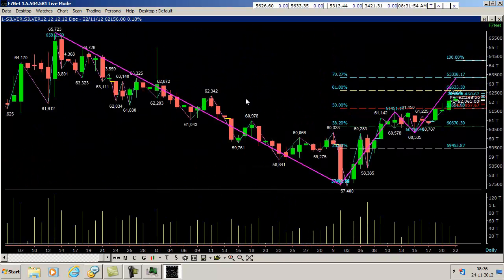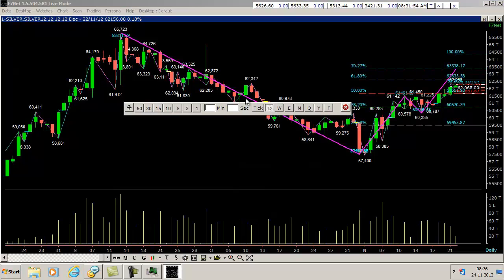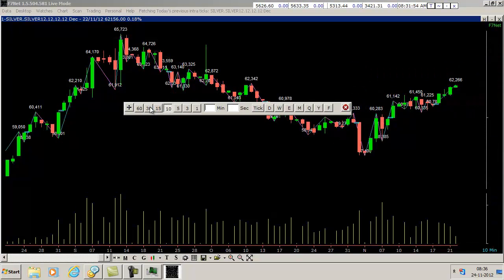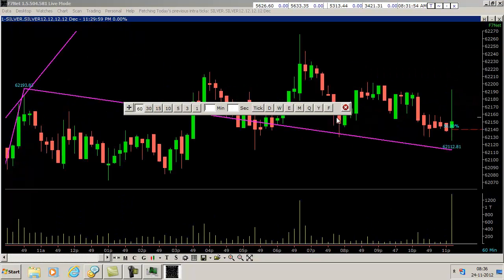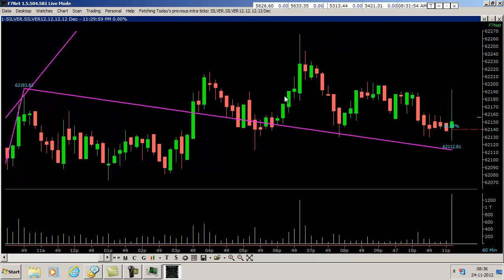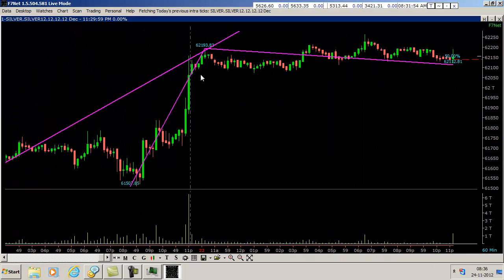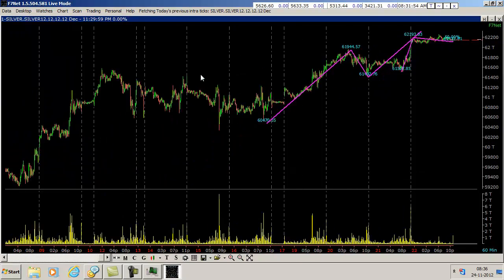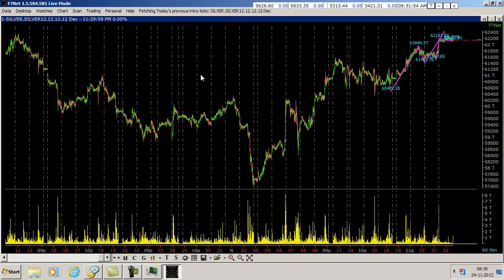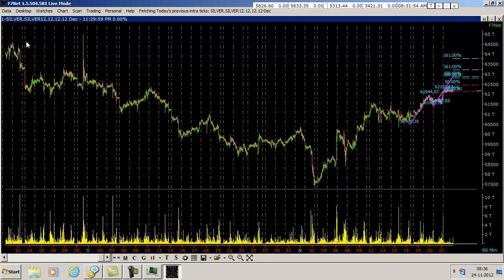Now you see, this is the chart. Let us see this 60 minutes chart. Based on this top, this bottom and this top is predicted.